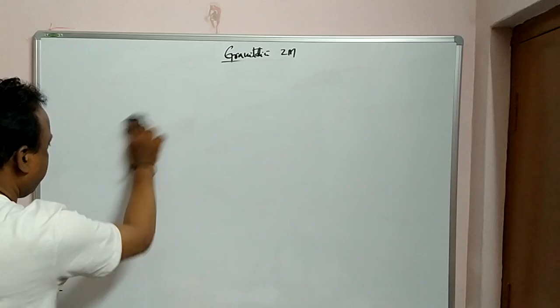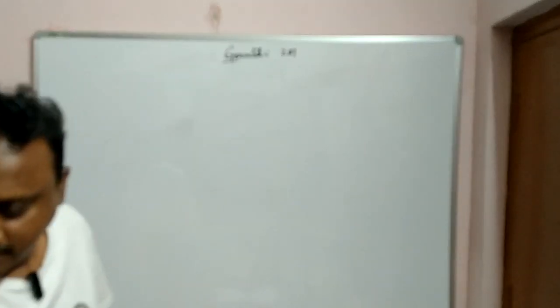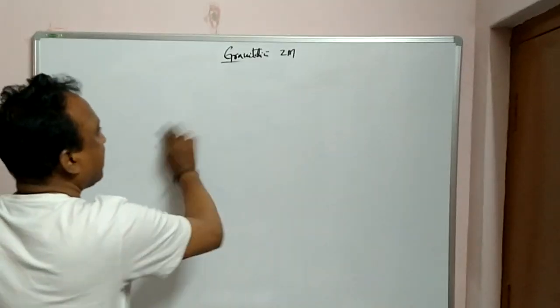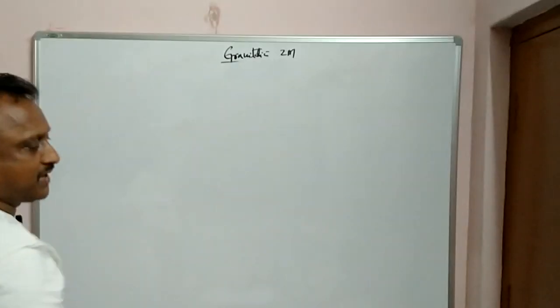Now we have learned about gravitational force between two point masses. Now if you go still further, regarding gravitational field, let us learn what the principle of superposition is. What is the principle of superposition?